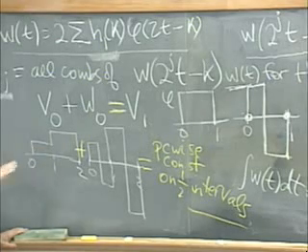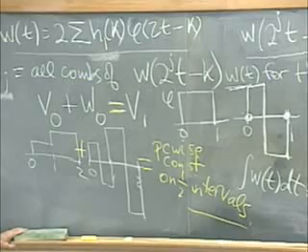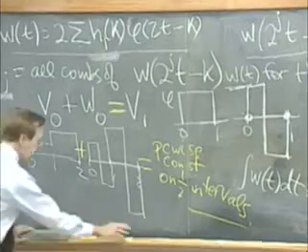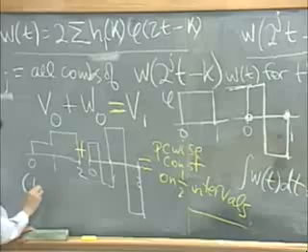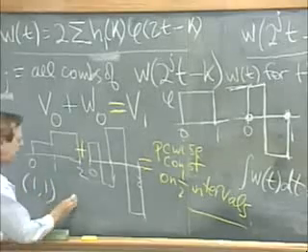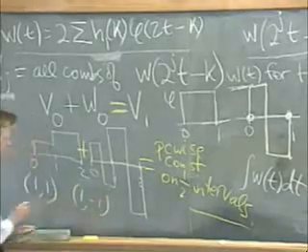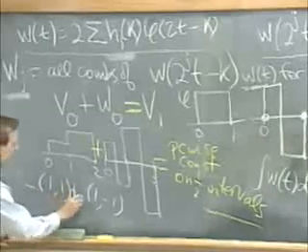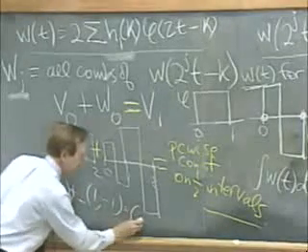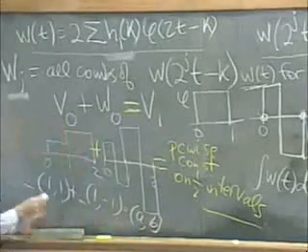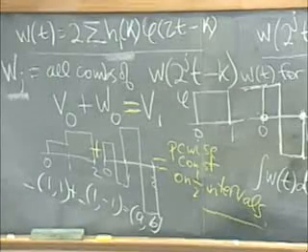But if I mix the two, all I'm saying is that by combining 1, 1 with 1, minus 1 with the right weights, I can get any A, B. That's all I'm saying.